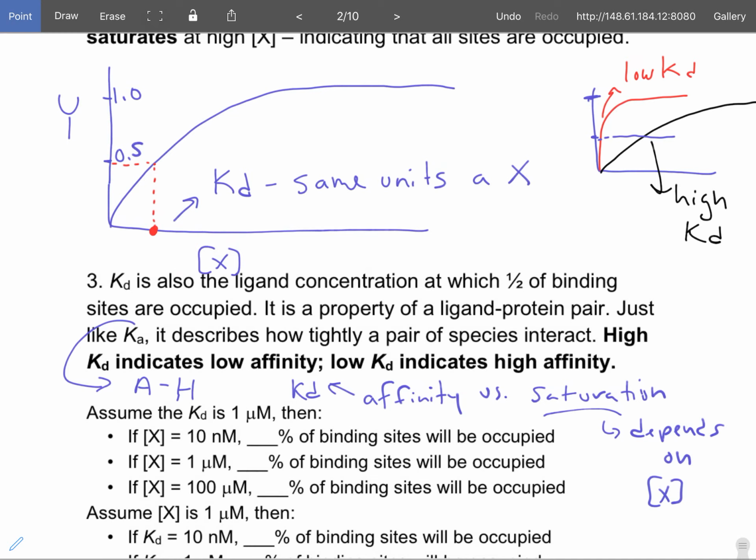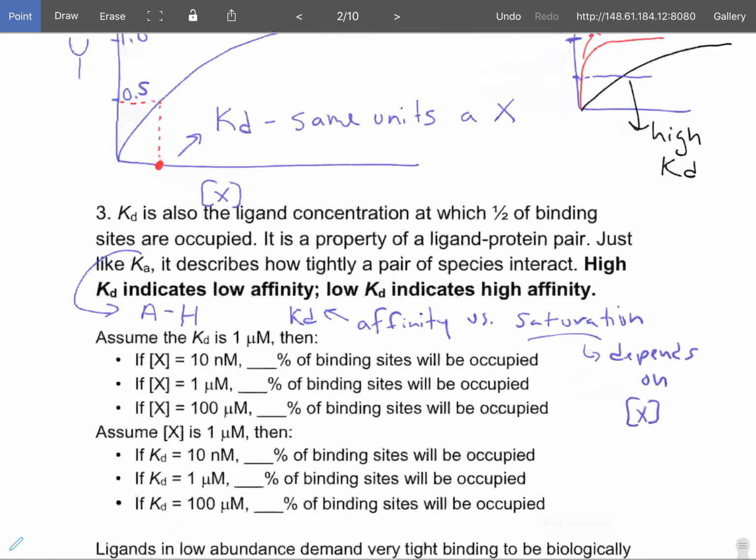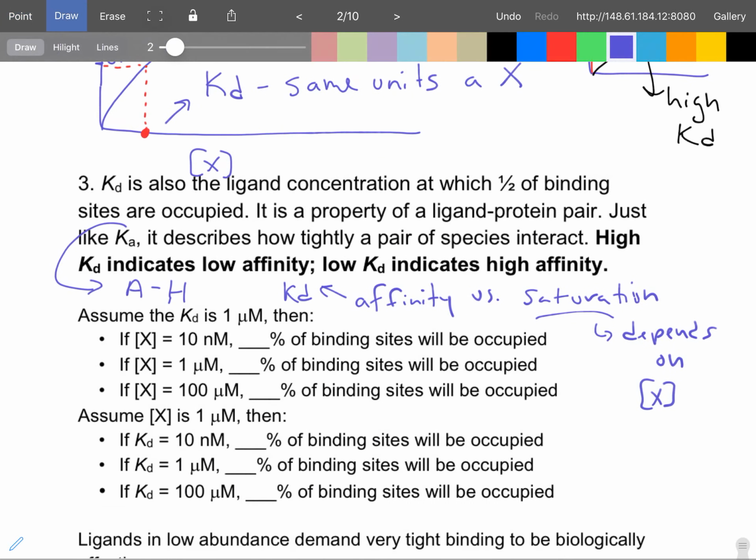What I basically did for this is we went back to this equation right here, and we can plug in values for the KD and for the ligand concentration, and we can explore how saturated the protein is at those different concentrations.